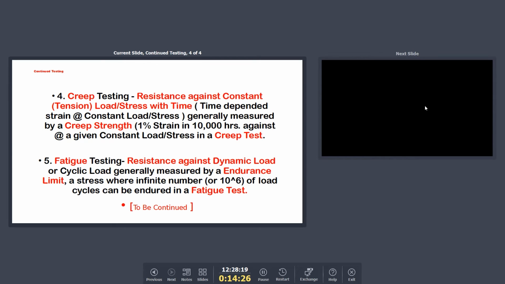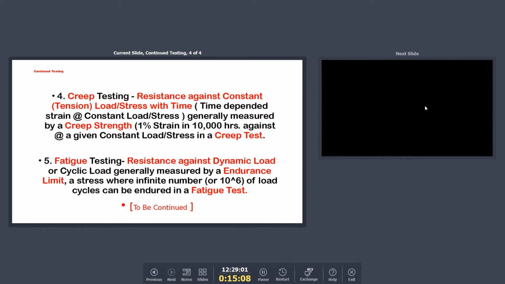When you put a material under load for a long time, for example, take the case of a bridge, or a wire rope in ropeways, where you put load for a longer time, in months, in years, you will see the material extends itself under the load, particularly tensional load.